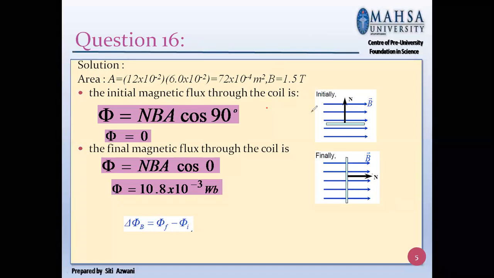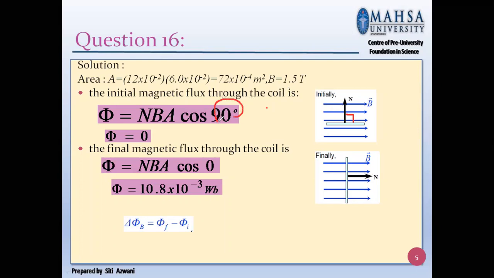Then you have a magnetic field B. If you refer back to your question, you have north and south pole. Remember the direction of your magnetic field B is always from the north to the south pole. So B to the N, you have angle 90 degrees. So you need to substitute the angle into your formula as 90 degrees.